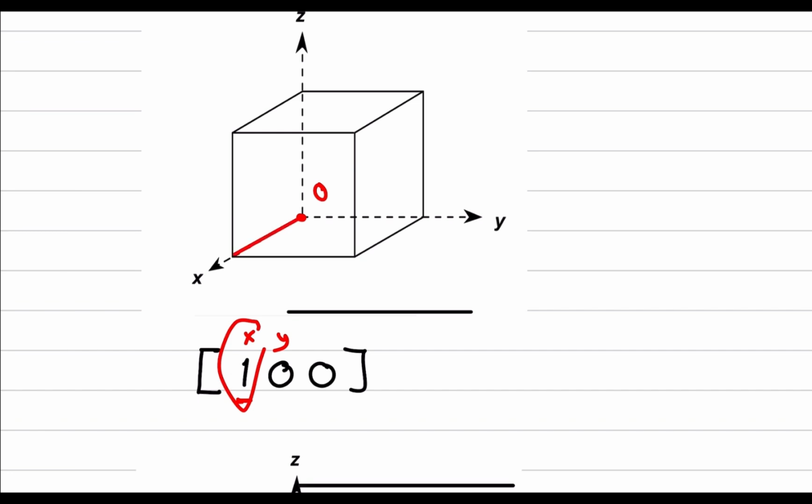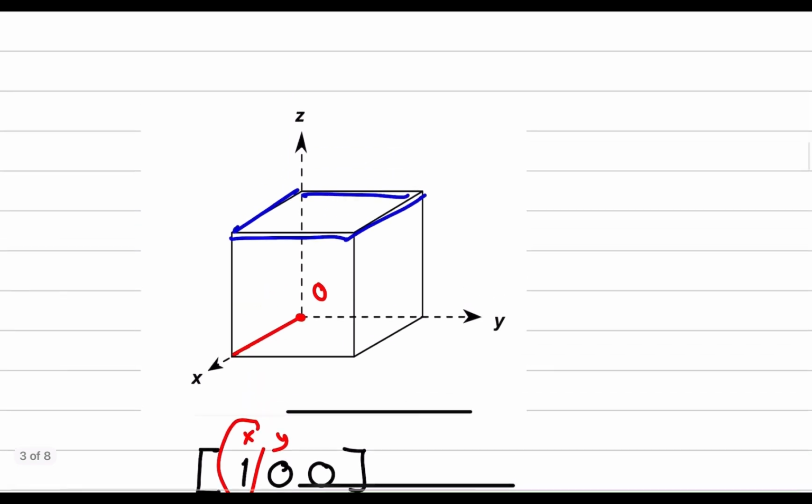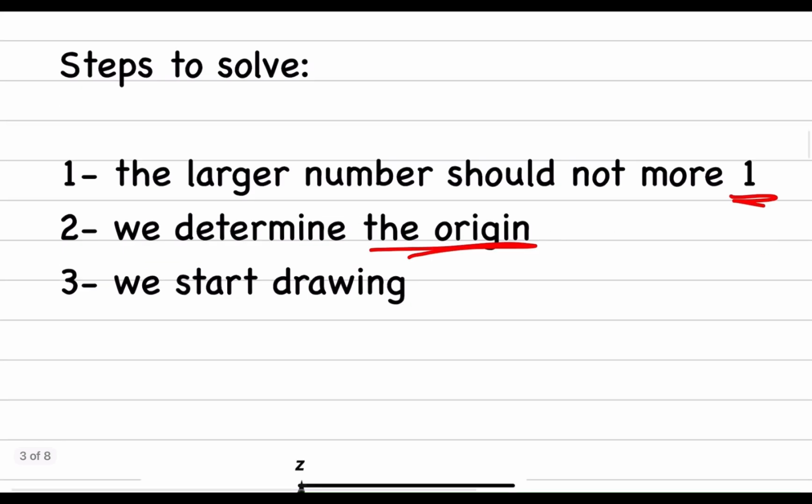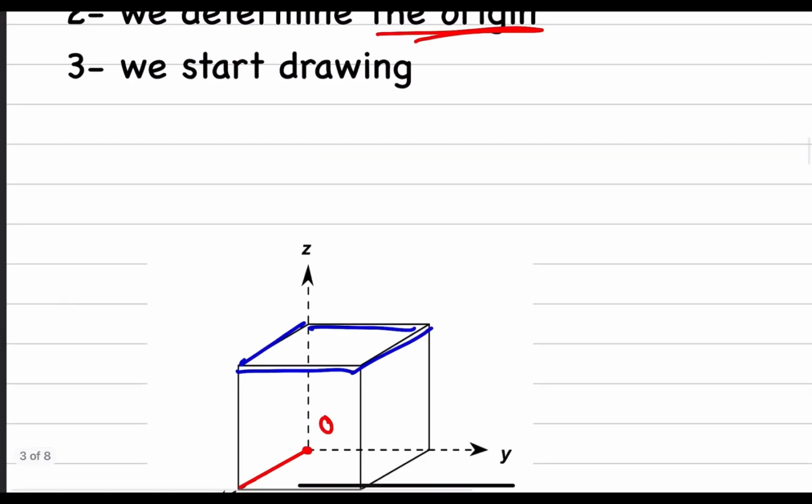I forgot to mention something. This cube is all surrounded by 1. So this is 1, and this is 1, and this is 1, and this is 1. So the larger number should not be more than 1, because of this point.